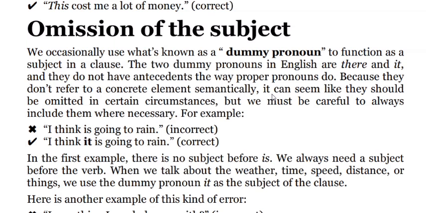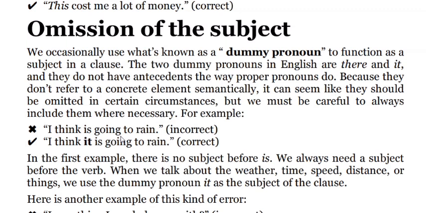It can seem like they should be omitted in certain circumstances, but we must be careful to always include them where necessary. For example, "I think is going to rain." Wrong. "I think it is going to rain." Okay. Why? Because we need "it" here to represent rain.